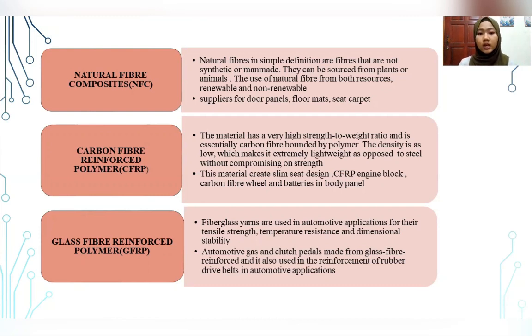The density is low, which makes it extremely lightweight as opposed to steel without compromising on strength. This material creates slim seat design, CFRP engine block, carbon fiber wheel, and battery in body panel.